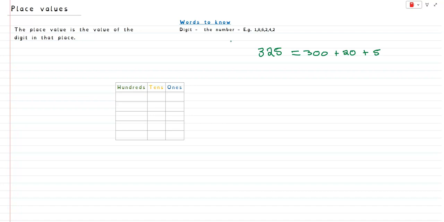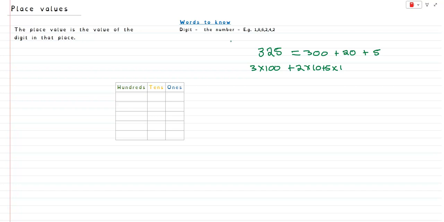So there we already see what their value is, because we have 3 times 100, we have 2 times a 10, and we have 5 times a 1.